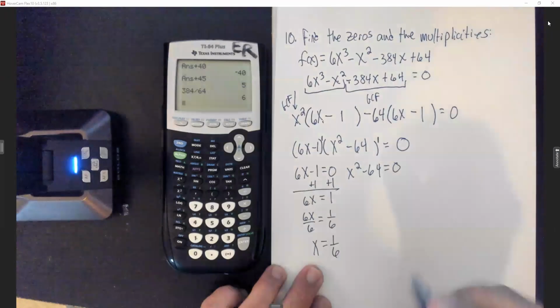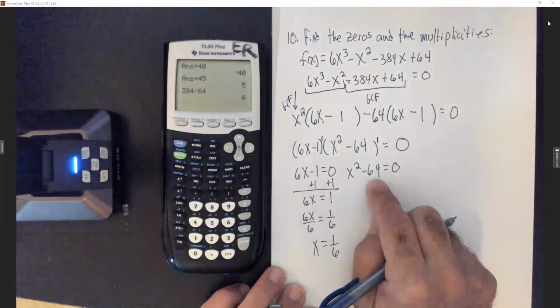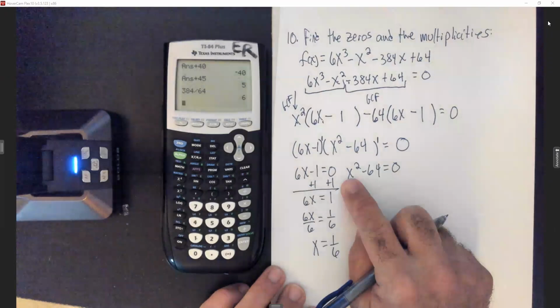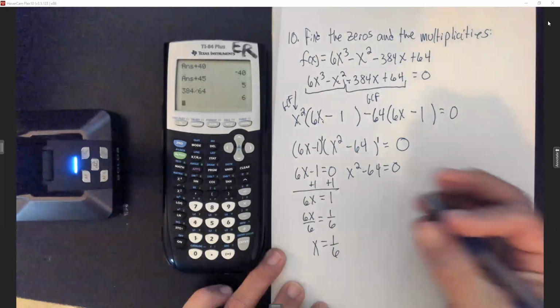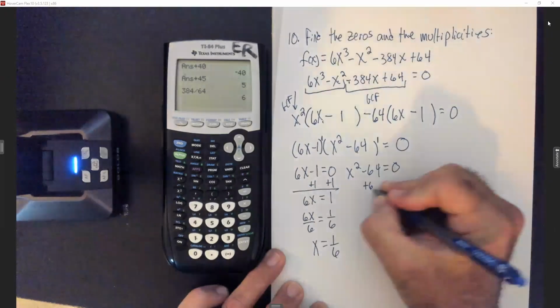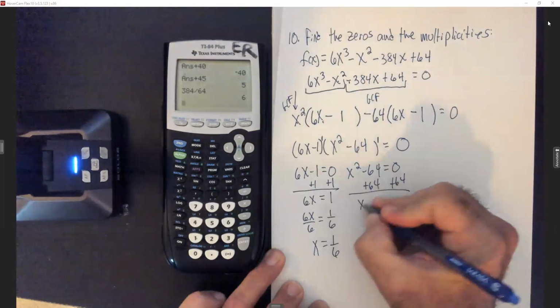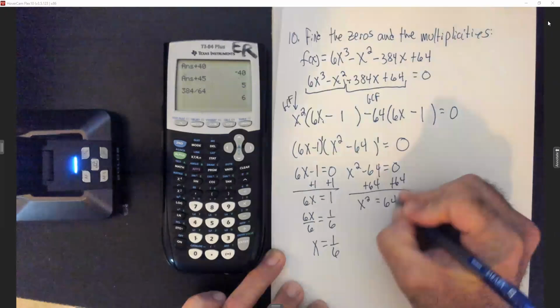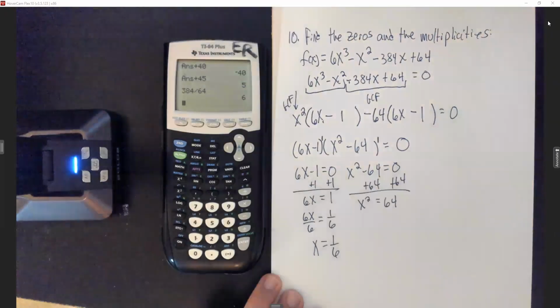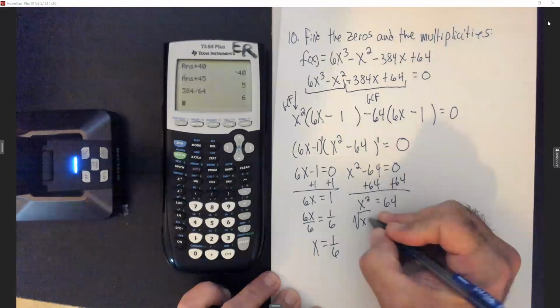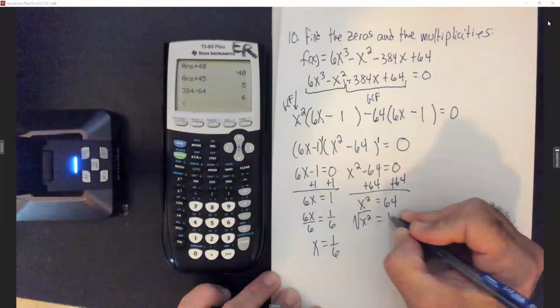Now remember, this x squared minus 64, since it's an x squared term and a number, I'm going to use the square roots. So I'm going to add 64, and then square root both sides. Remember, I need my plus or minus since I'm taking the square root of a number.